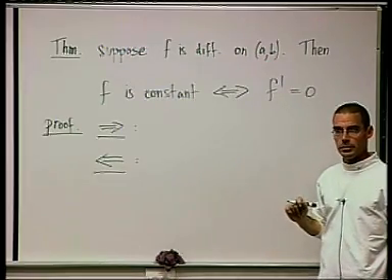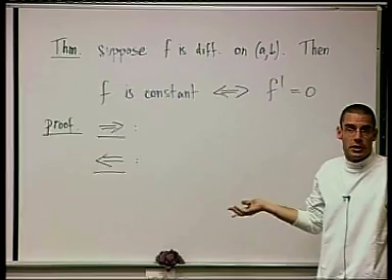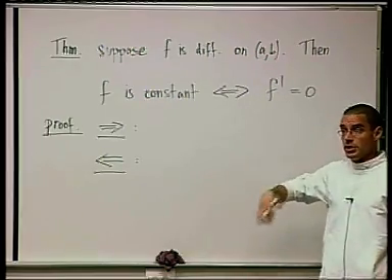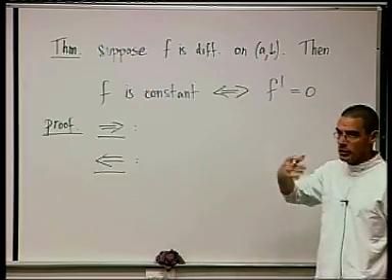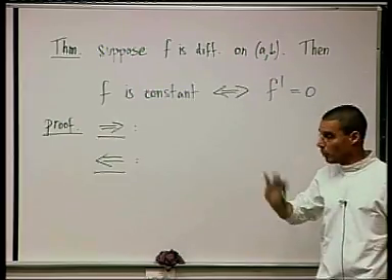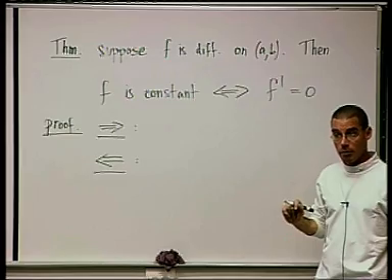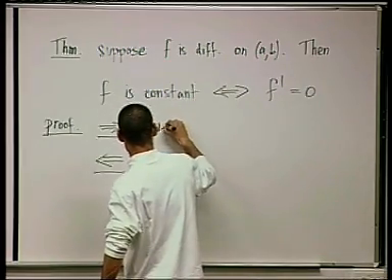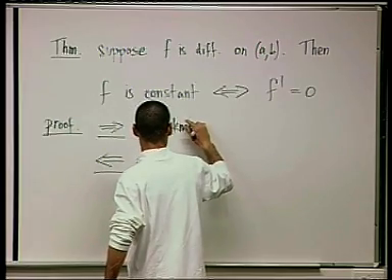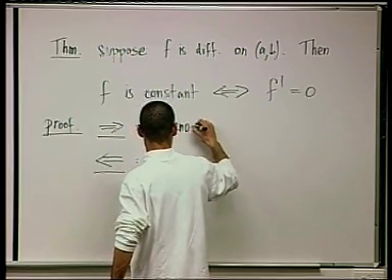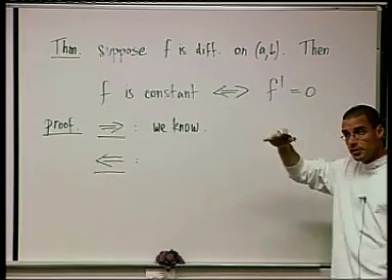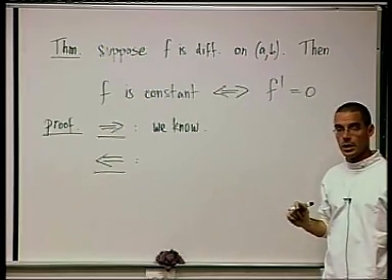This is trivial. It's not trivial. We proved it by definition. We took a constant function and showed, using the definition of the derivative, that the derivative is just 0. That wasn't tricky at all. So this we know. We proved formally a constant function has derivative 0.